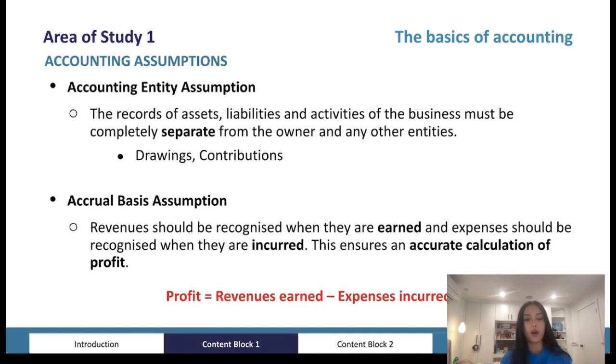We're just thinking about when the revenue is earned. And the same thing with expenses. We're only including expenses that have been incurred. So we're not thinking about when the expense was paid, whether it was paid in advance or whether it has yet to be paid. We only include expenses that were incurred in the current reporting period. And basically the assumption is when we only include revenues earned and we only include expenses incurred, profit is most accurate.